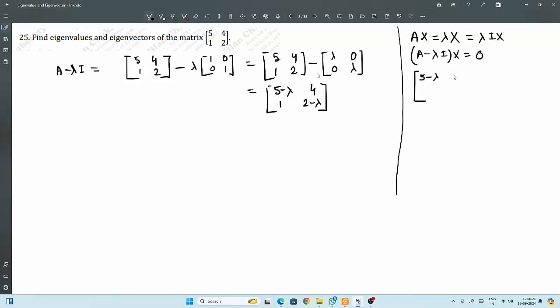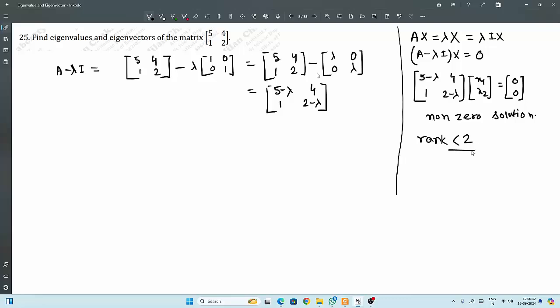So it is 5 minus lambda, 4, 1, 2 minus lambda, and then x1 x2, equal to 0 0. Now this is the system of equations, and from this system you need a non-zero solution. For a non-zero solution the rank of the system should be less than 2, and rank less than 2 means the determinant of this part, that means A minus lambda I, should be 0, otherwise you will get a zero solution.